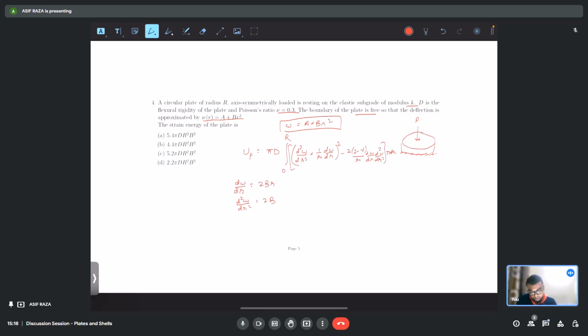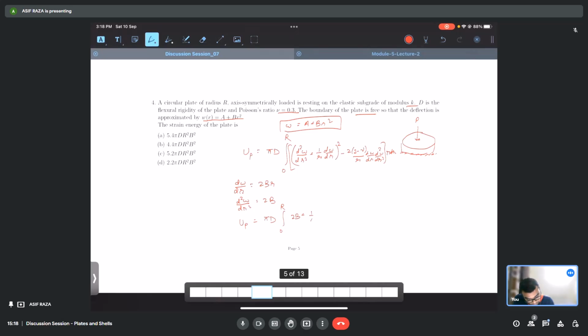Substituting this into the equation, we'll get pi by D integral 0 to r of (2b plus 1 by r times 2br) squared minus 2 into 1 minus nu upon r times dw by dr, which is 2br, times 2b, r dr, so r and r will cancel out.